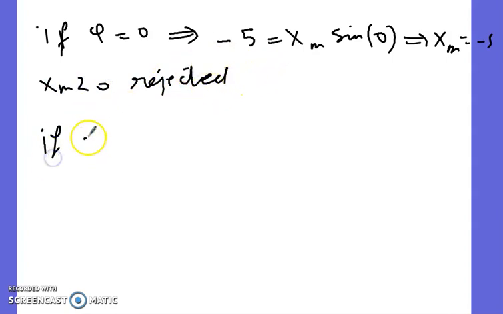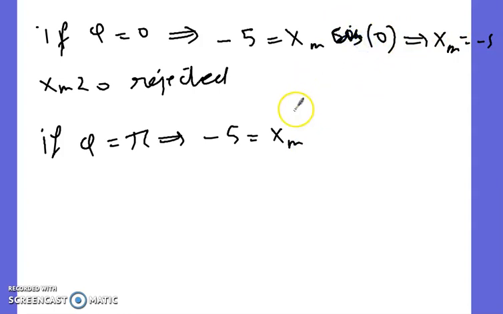So if phi equal pi, then you get what? Minus 5 equal xm cosine pi, and cosine pi is minus 1. So xm equal plus 5 centimeter.